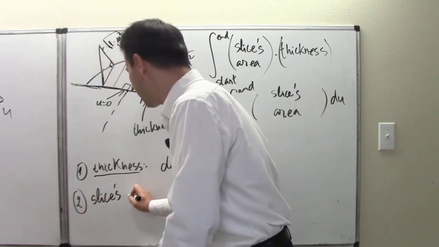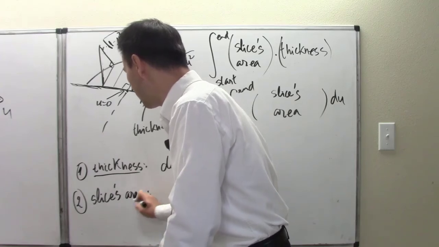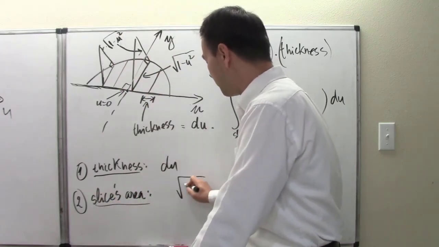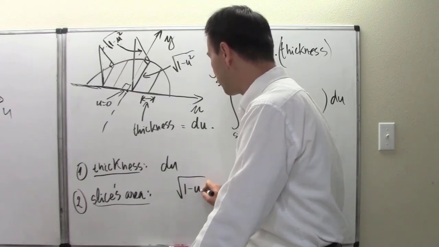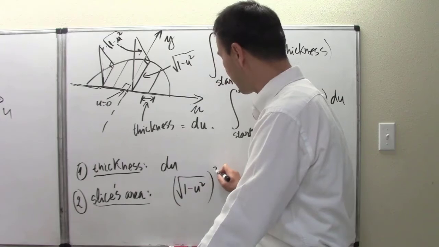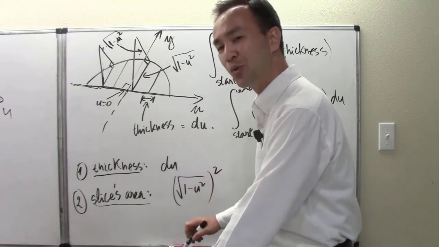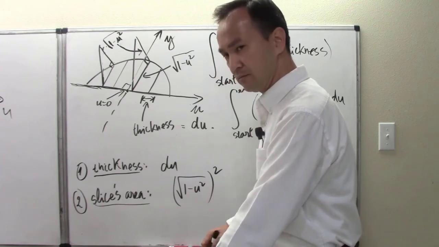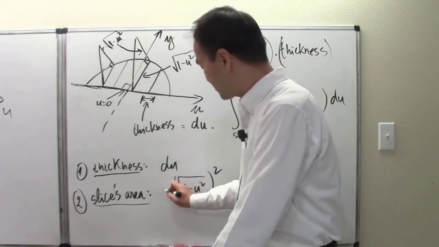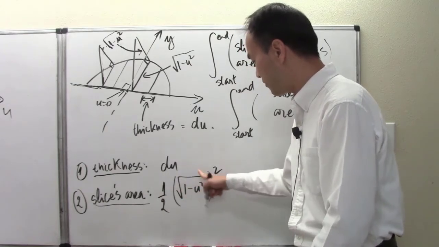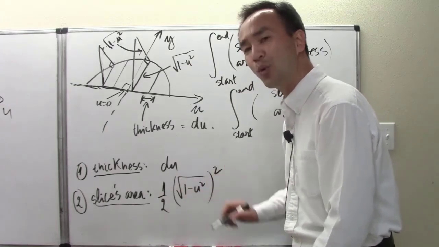Slice area: base being the square root of 1 minus u squared, times height, which is exactly the same expression. So we have the square root of 1 minus u squared, all squared, base times height, multiplied by 1/2. So now it's 1/2 times the square root of 1 minus u squared, all squared.